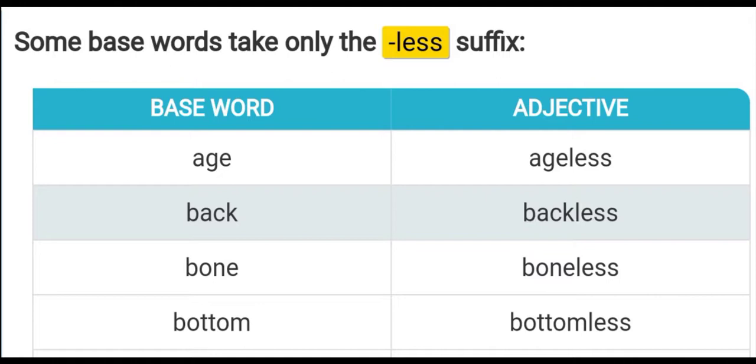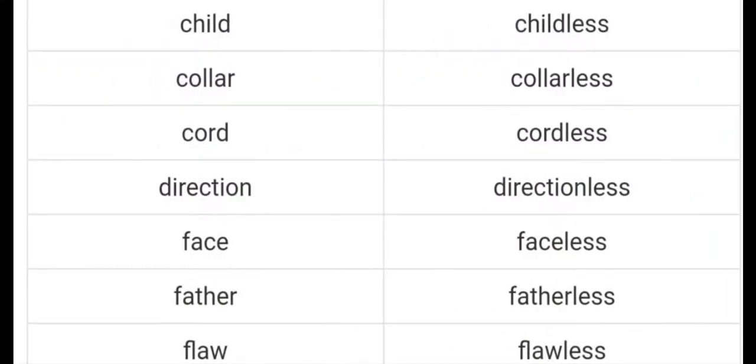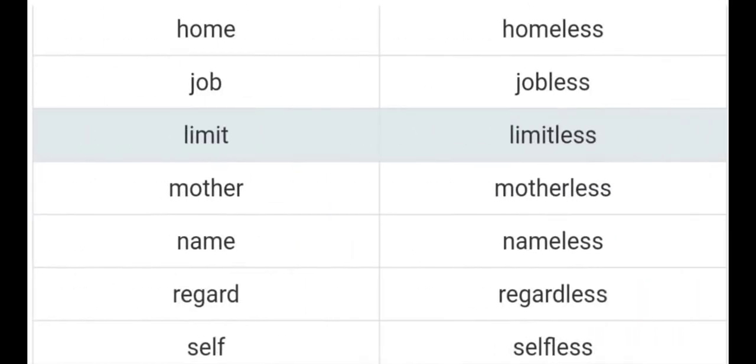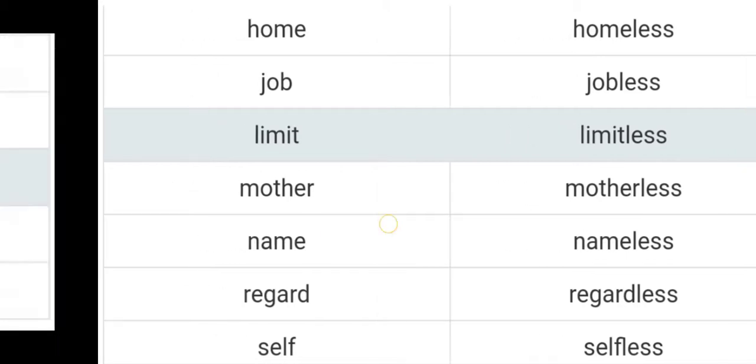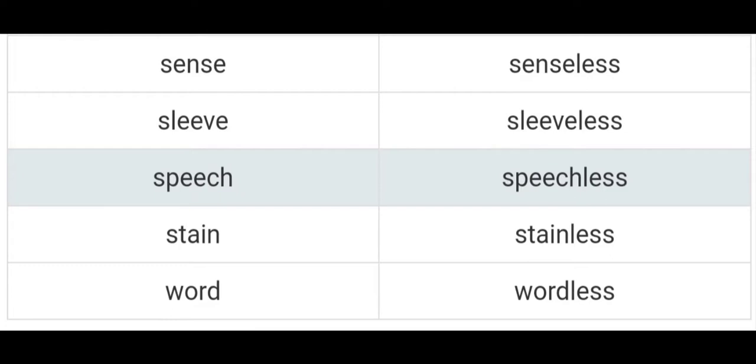Base word and the adjective: age, ageless; back, backless; bone, boneless; bottom, bottomless; child, childless; collar, collarless; code, codeless; direction, directionless; face, faceless; father, fatherless; flow, flowless; home, homeless; job, jobless; limit, limitless; mother, motherless; name, nameless; regard, regardless; self, selfless; sense, senseless; sleeve, sleeveless; speech, speechless; stain, stainless; word, wordless.